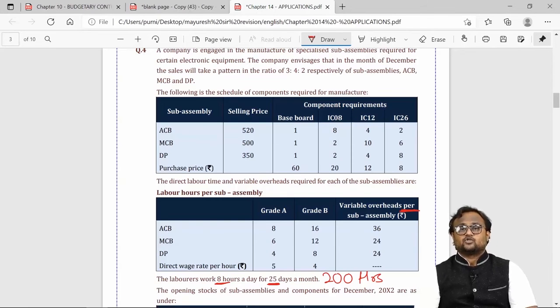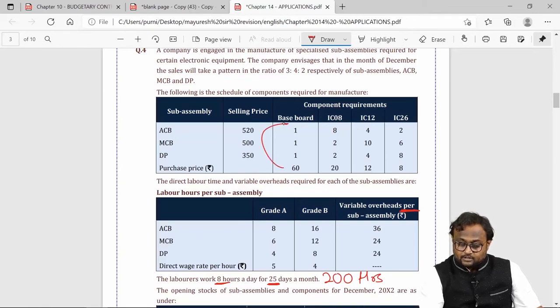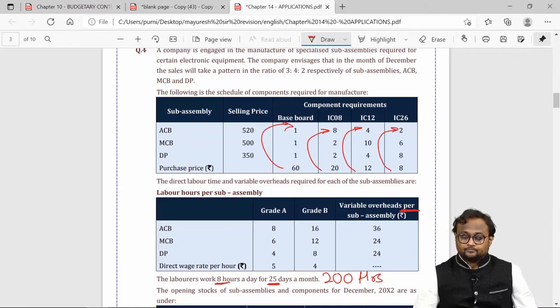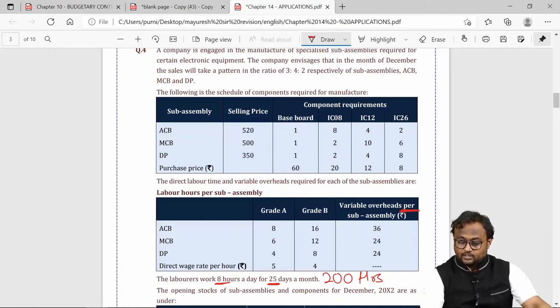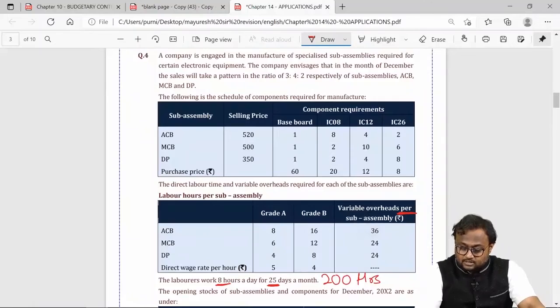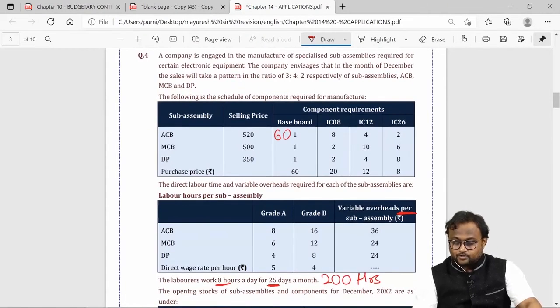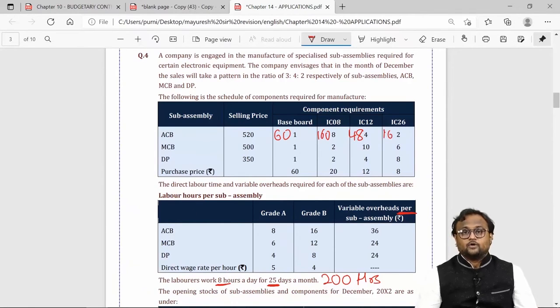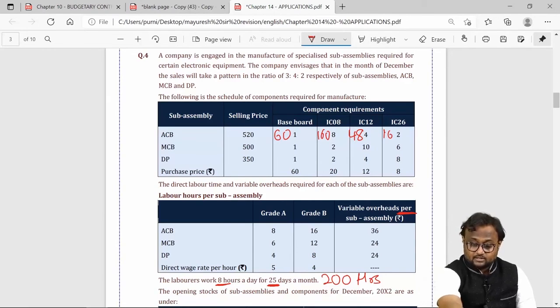How will you get the variable material cost of ACB? 60 into 1, 20 into 8, 12 into 4, 8 into 2. So if you see, 60 I will have to spend on baseboard, then 160 on IC08, 48 on IC12, and 16 on IC26.